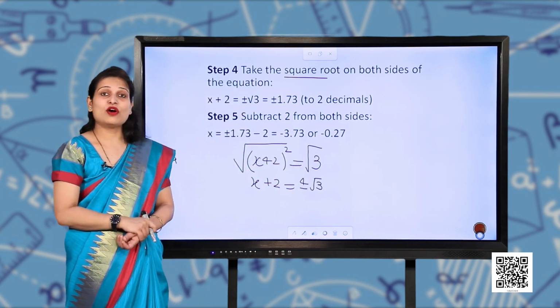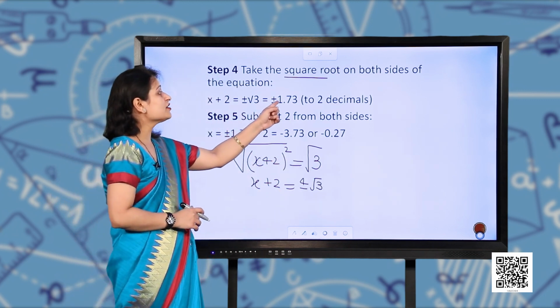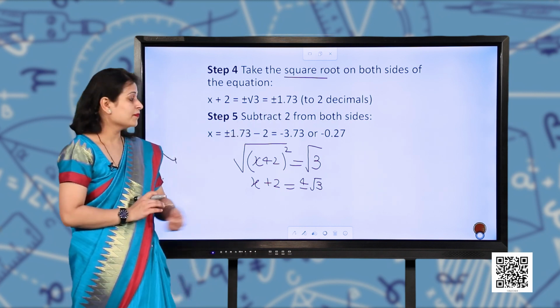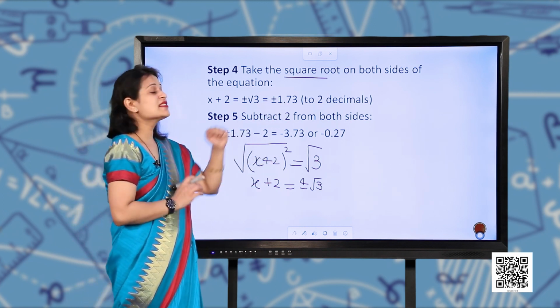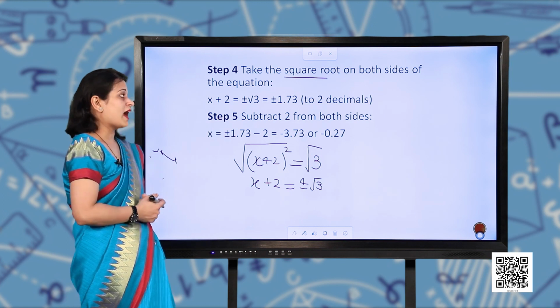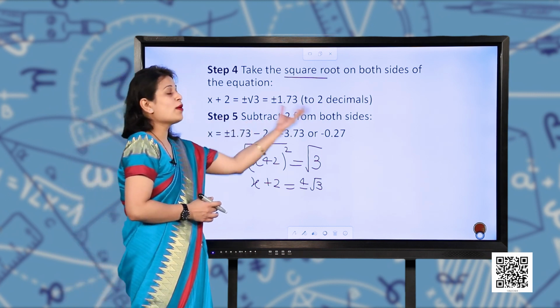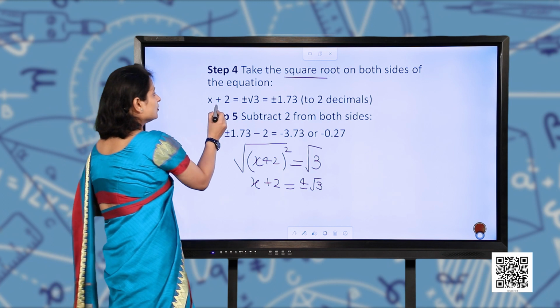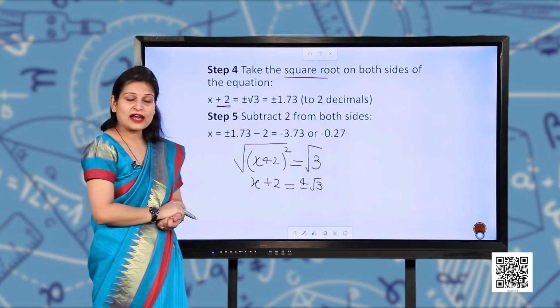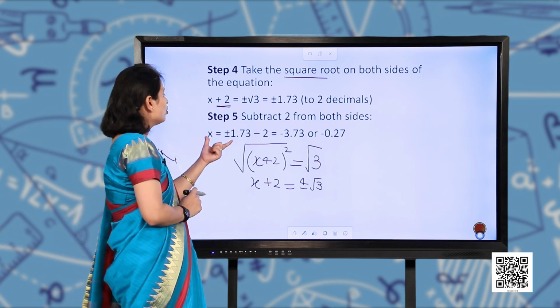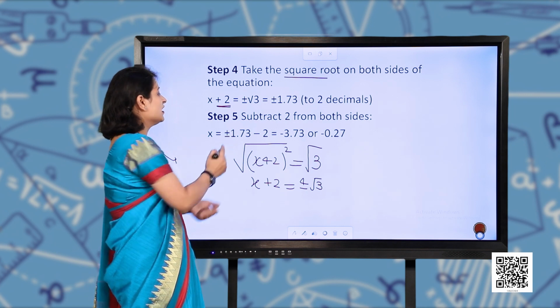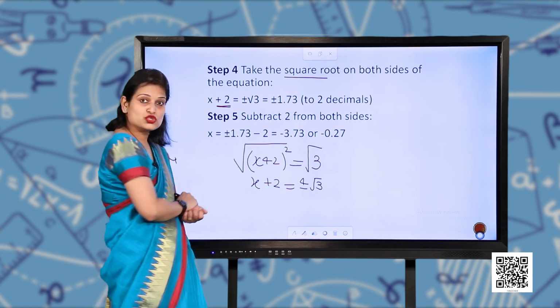So, what is the value of root 3? Root 3 is 1.73. So, plus minus 1.73. In step 5, subtract 2 from both sides. This 2, we have to subtract from both sides. So, you will get x is equal to plus minus 1.73 minus 2.